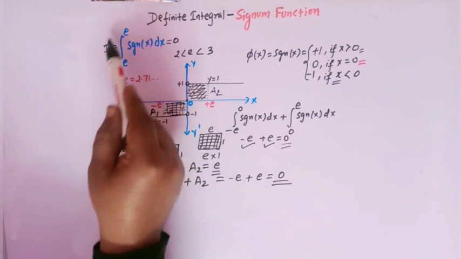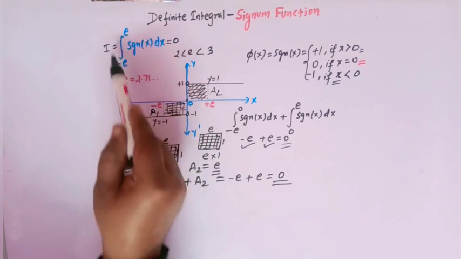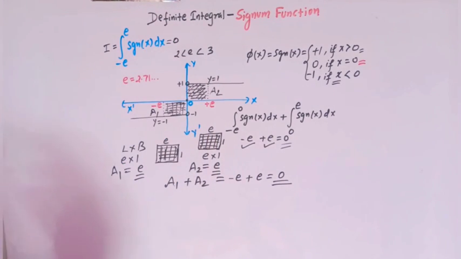Hence the net value of this integral is 0. So this is how we interpret this integral geometrically.